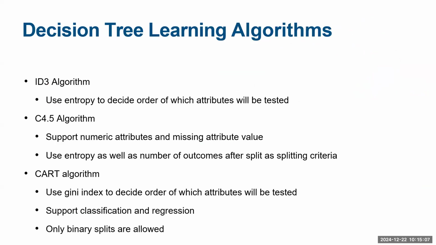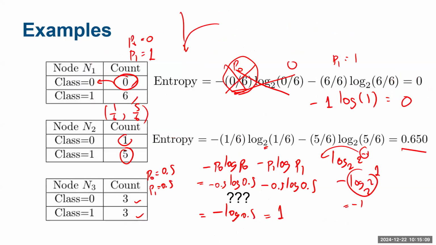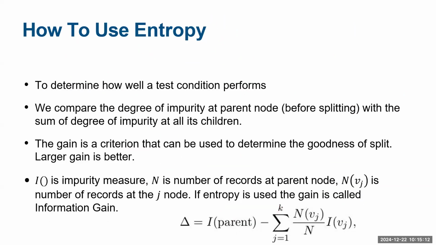To do that, we're going to use what is called gain, the triangle here.